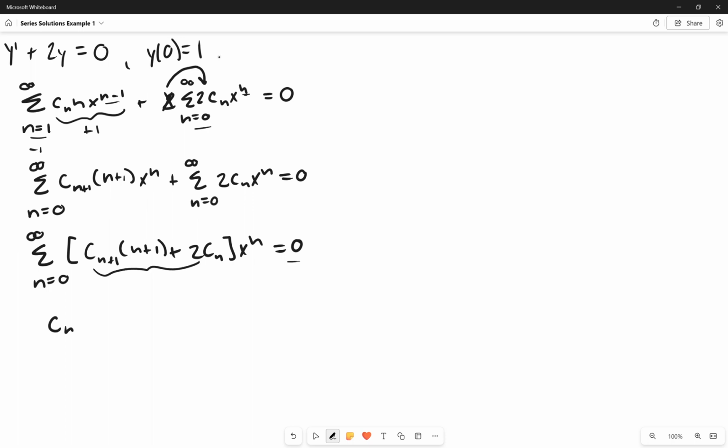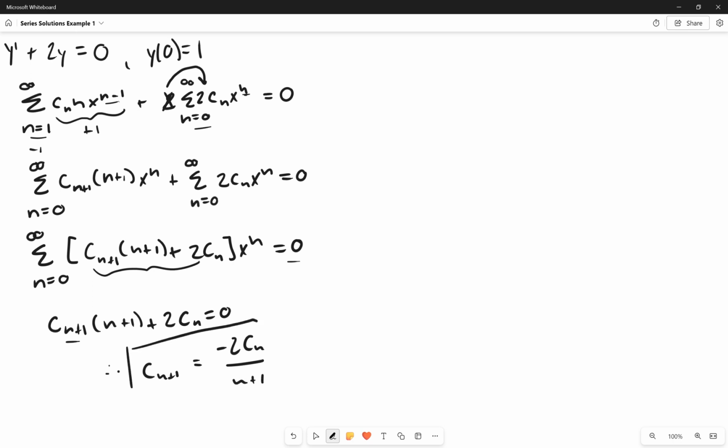So I can use that to find my recurrence relation, right? Maybe we can say that c sub n plus 1, remember it's recurrent, so we want the largest n plus whatever. It's just going to be negative 2 c sub n over n plus 1. And that is the recurrence relation we're going to have.